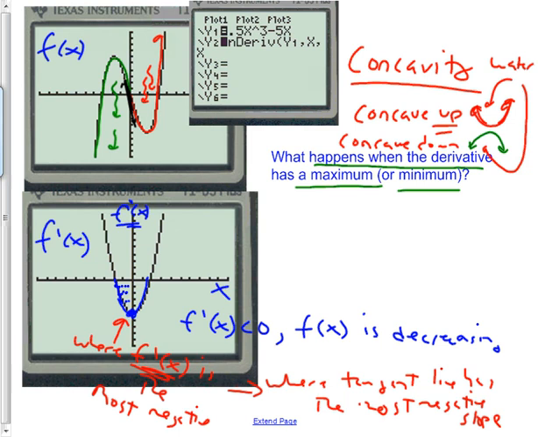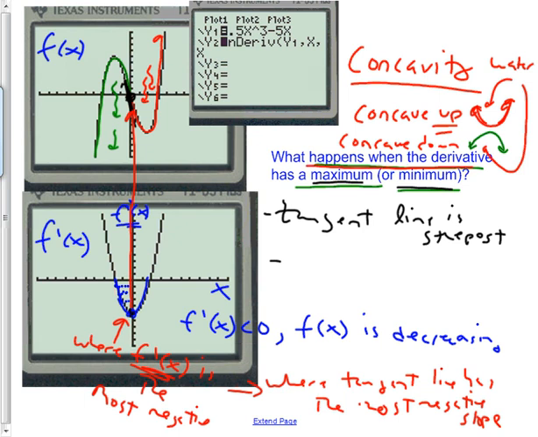So when the derivative has a maximum or a minimum, that's when the tangent line is the steepest. And what else is going on? That's also the point where I'm switching my concavity. At that point where I have the minimum, if I were to draw a line straight up, that's where my function goes from being concave down to concave up.